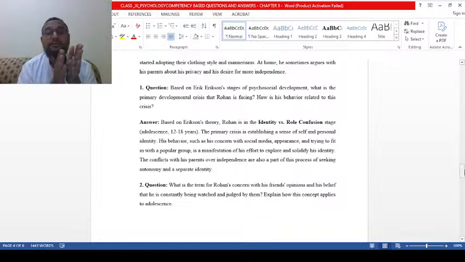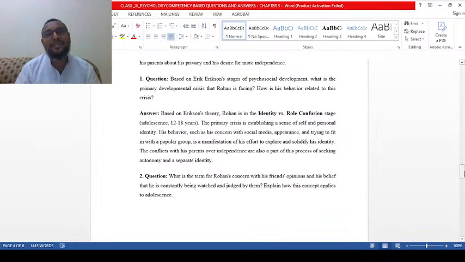The conflicts with his parents over independence are also there. Teenagers basically try to argue a lot with parents and teachers. The general tendency of a teenage child is they think that they know everything. They feel they are independent and they start arguing with the parents. So this is the role identity versus role confusion.